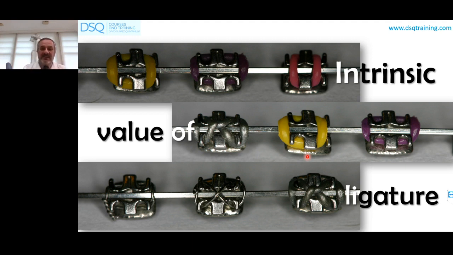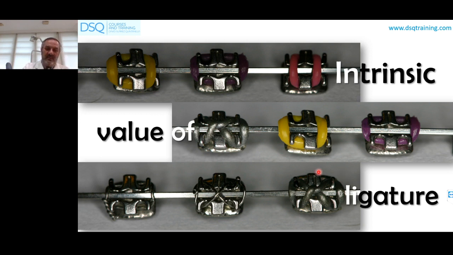For example, you can see here, when we put the ligature in a figure of 8, like here, like in this bracket, or here, we increase the friction a lot. And we are using this ligature to get very good torque control.